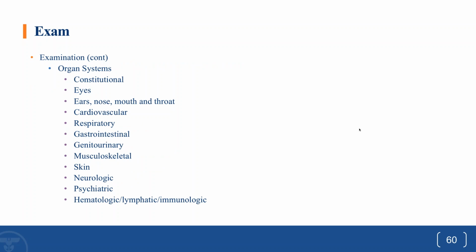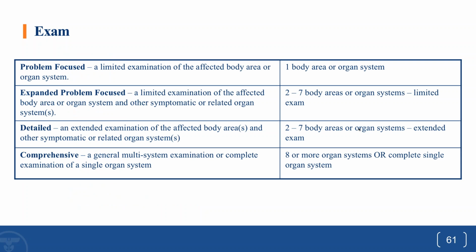Okay, so that's the rest of the different organs and body systems. So of course, you're trying to read how many body systems when it's time for the exam component of it, right? So this is just a summary of what you just wrote in your book. You have problem focus, 1 body area, expanded problem focus, 2 to 7, detailed, an extended examination of the affected body area and related, but one is in detailed.